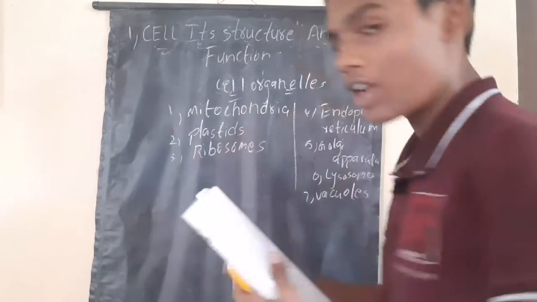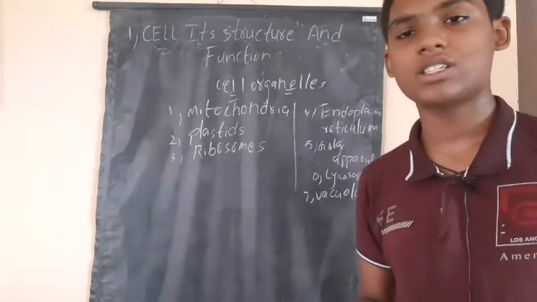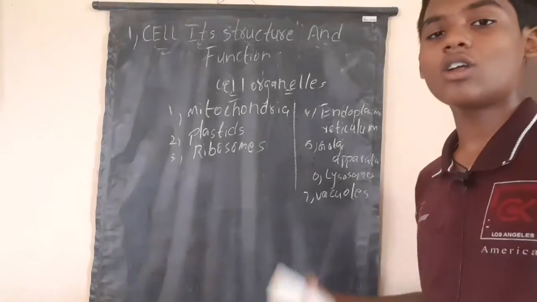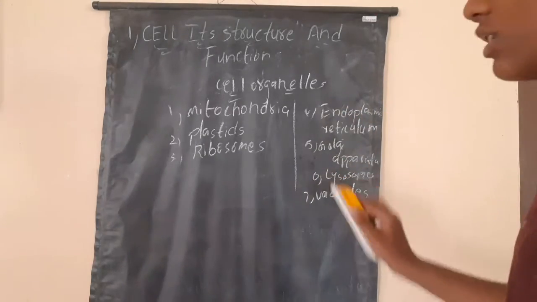So these seven organelles are some of the main organelles present in the cell. Let us discuss each organelle one by one. Please note down all these organelles in your notebook.